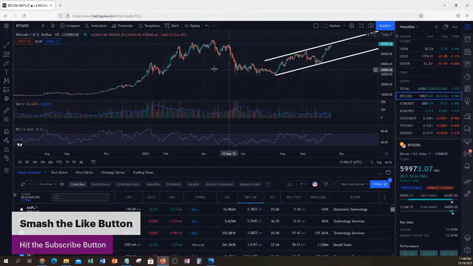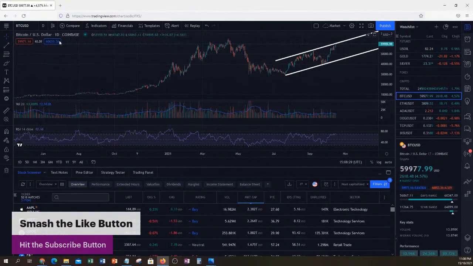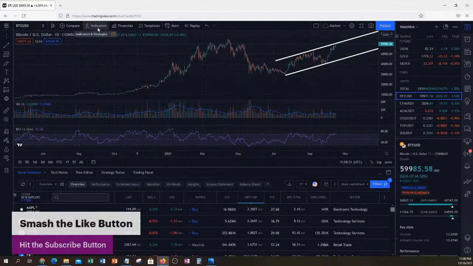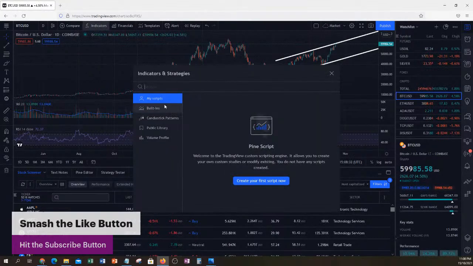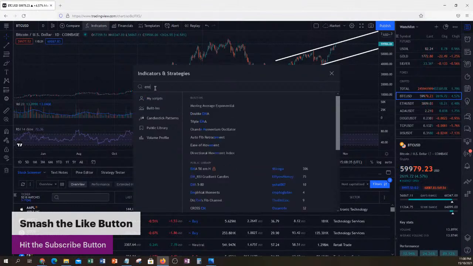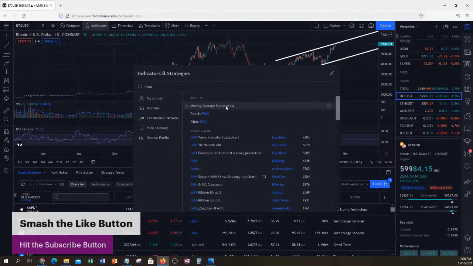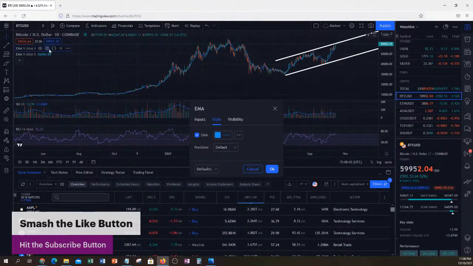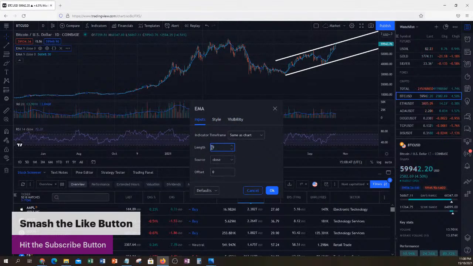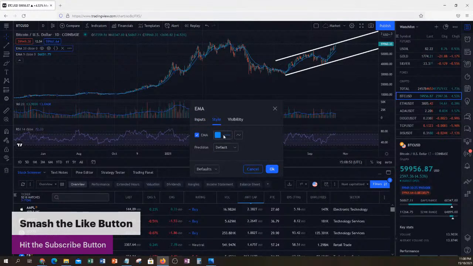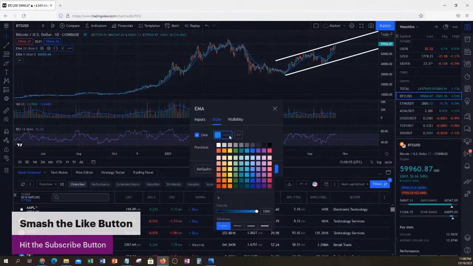Next thing I would like to add is the EMA. EMA basically just gives you the exponential moving averages. So I'll add 2, and I'll change these numbers. The first one I will change to 20. The reason I like 20 is because it shows very fast how fast this coin is moving.